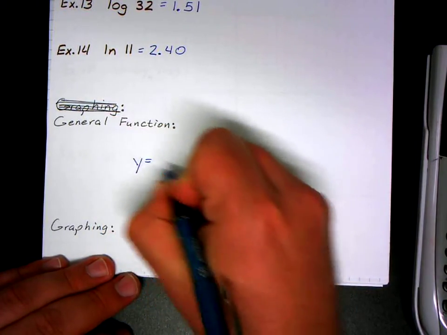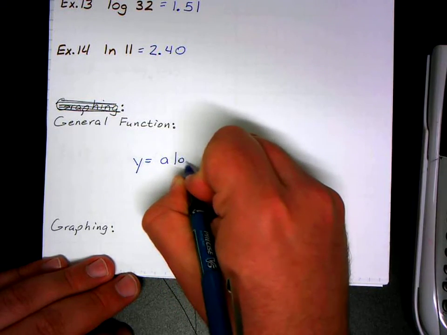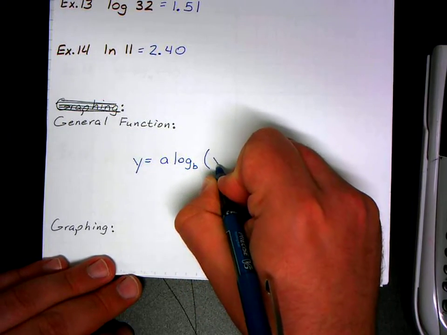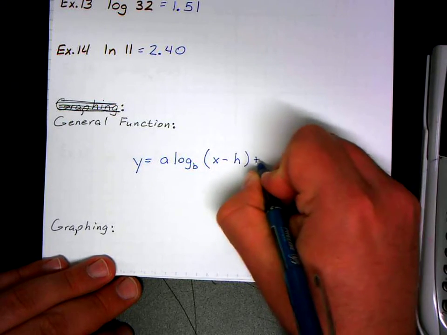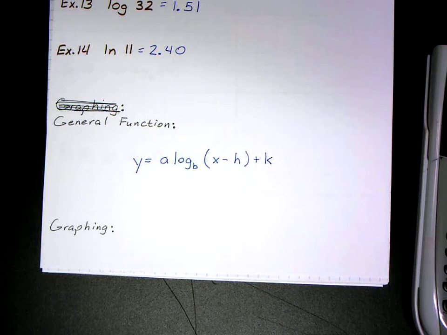When we graph, again, it looks like normal. All letters mean the exact same thing they normally mean. That's why when we started off I told you A, H, and K would keep coming back and coming back.